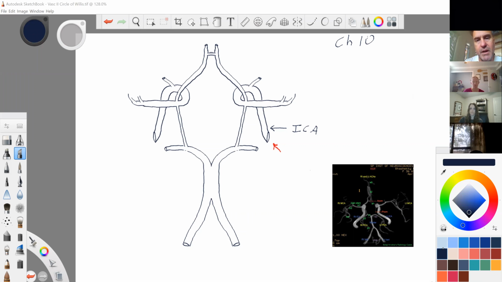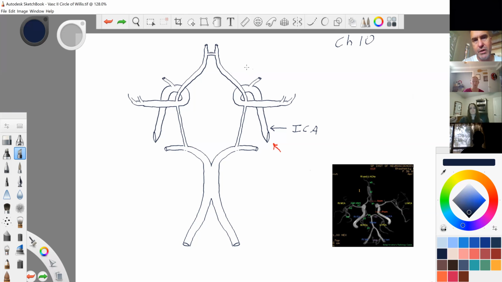The ICA is coming up. Then we have a big curvature of the ICA. The entire curvature is also shown over here in the corner. We'll look at that picture a little more closely in a second.